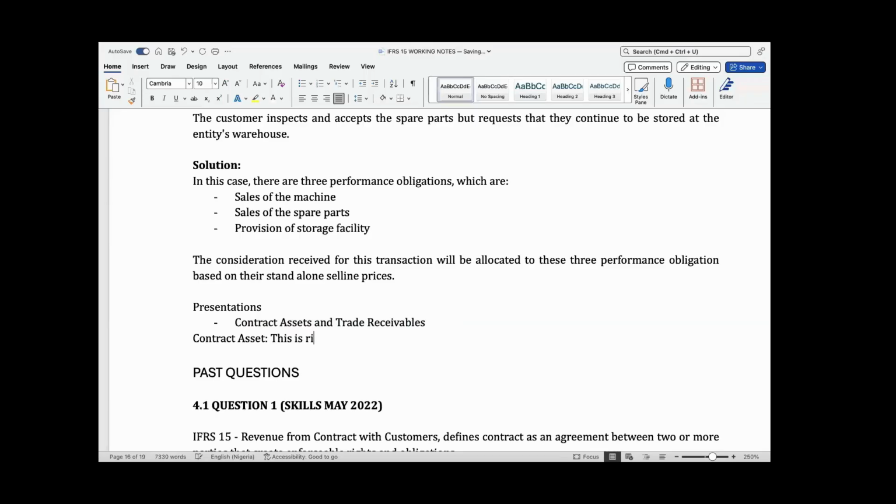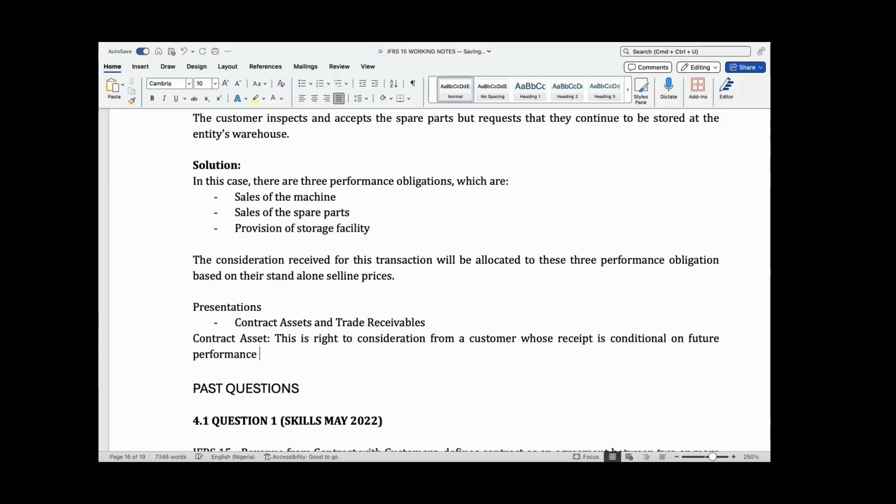This is a right to consideration, money you're expecting from a customer, whose receipt is conditional on future performance.